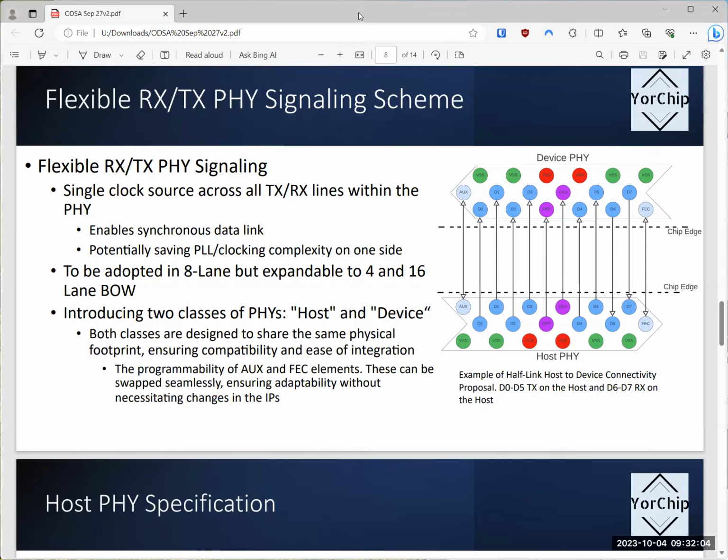Then we take one additional step: within this new symmetric by 4, you can make it asymmetric by selecting, for each individual lane, whether it acts as a transmit or a receive. But when it acts as one or the other, it's always using the forwarded clock associated with that direction.